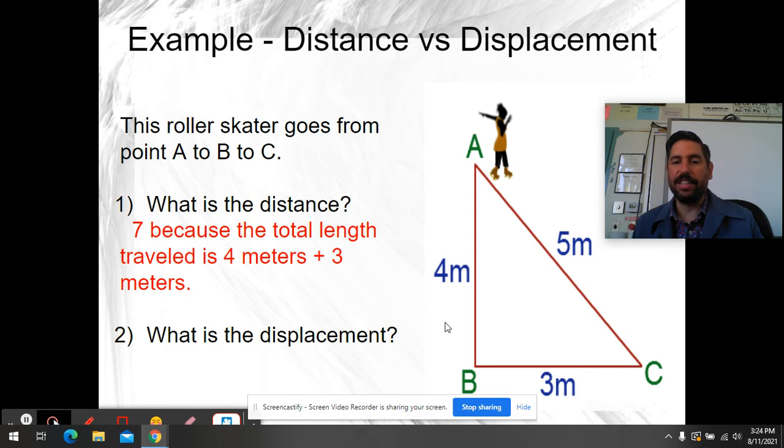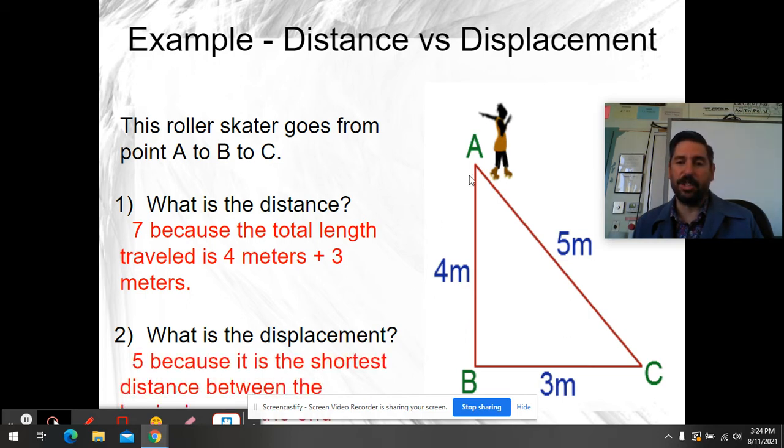What do you think the displacement is? Once again, worth no points. Take a guess. You are correct if you said 5, because it is the shortest distance. If she starts at A and ends at C, it would be going in this direction, 5, and you would also say 5 southeast or 5 with an angle. Once again, for honors, we might be measuring the angles of these in the future.